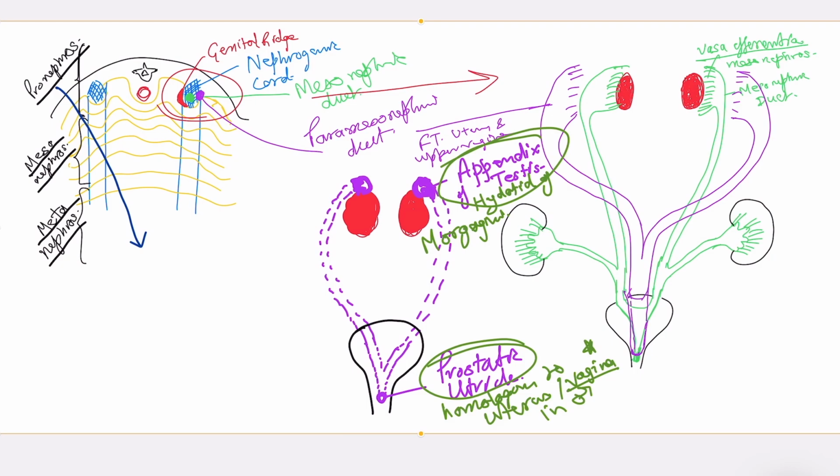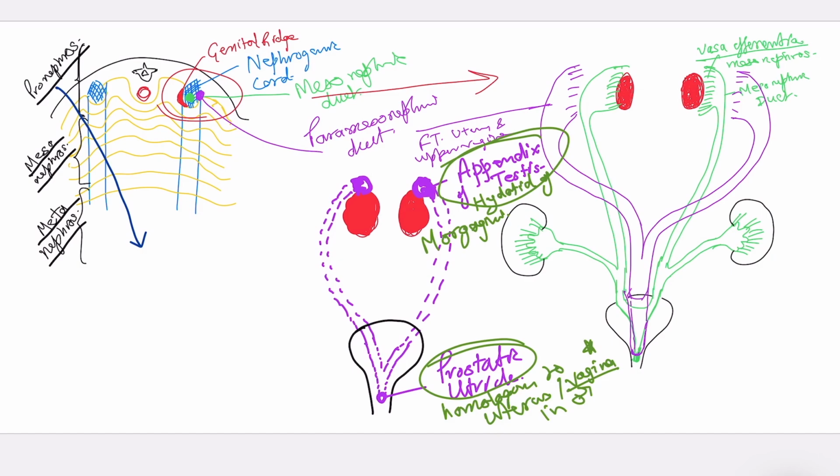Then the kidney starts developing from the mesoderm of the mesonephros. Later on, in the human fetus, the nephrons or the kidney start developing from the metanephros. So in the course of development of a human embryo, the development of nephrons keeps descending down along the course of this nephrogenic cord. I hope you've understood.